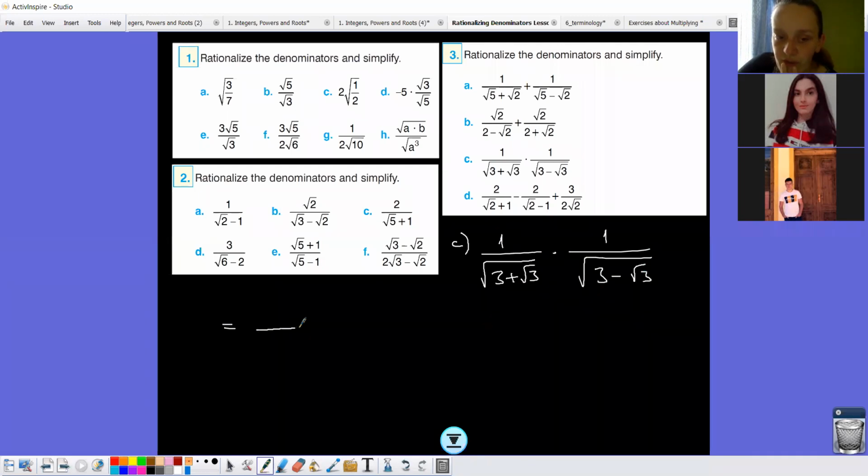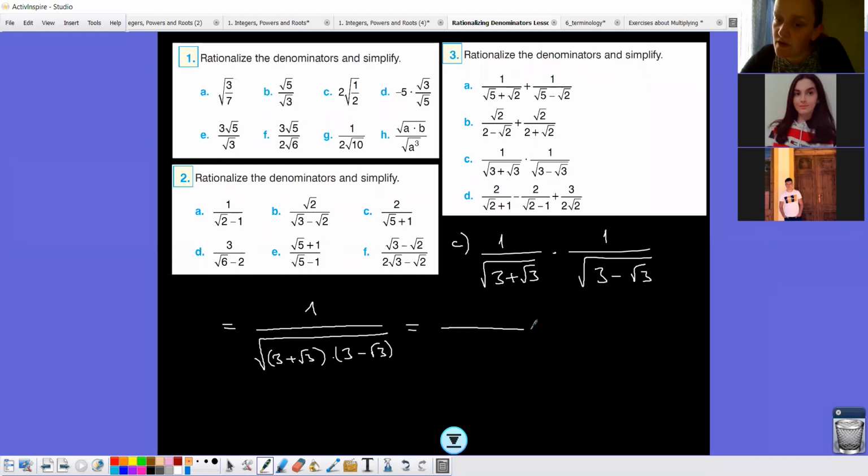In multiplication, when we have multiplication of two fractions, we're multiplying numerator with numerator, which will be 1 times 1, 1. And this one, we have root in a same root. 3 plus root 3 times 3 minus root 3. So as you see here, I have the multiplication of conjugates, yes?